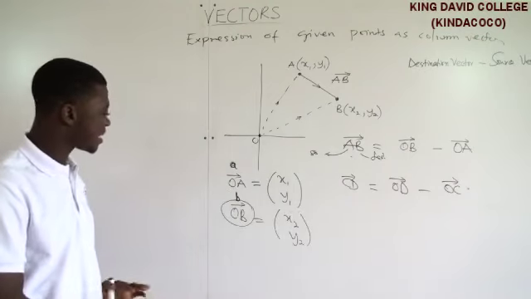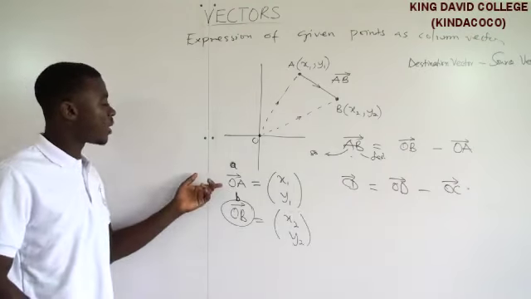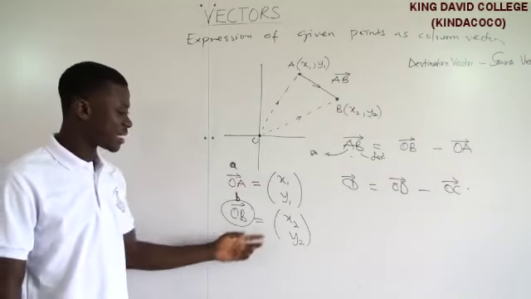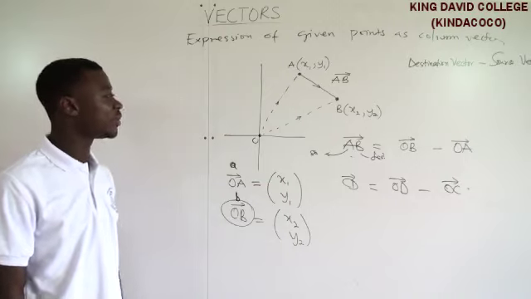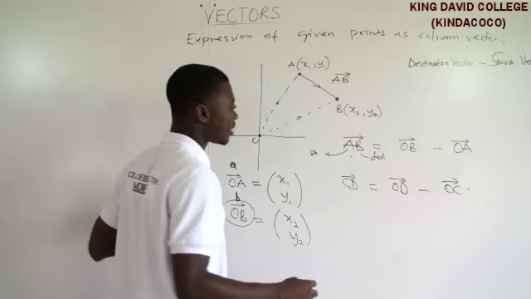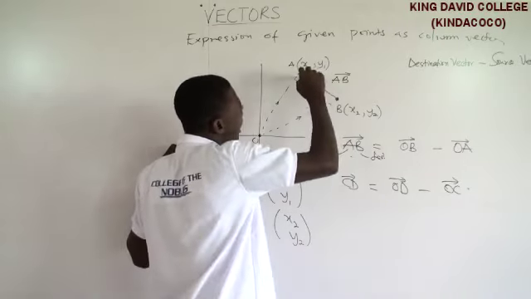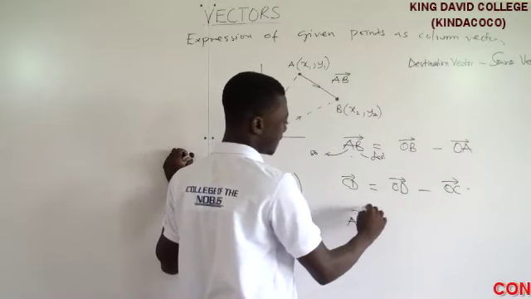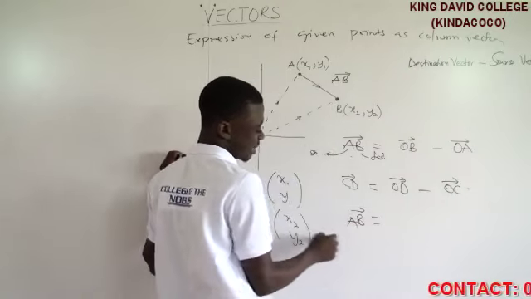So in this case, we have our OA as x1, y1, and our OB as x2, y2. What do we mean by that? It means that when we are linking these two, vector AB is destination minus source.